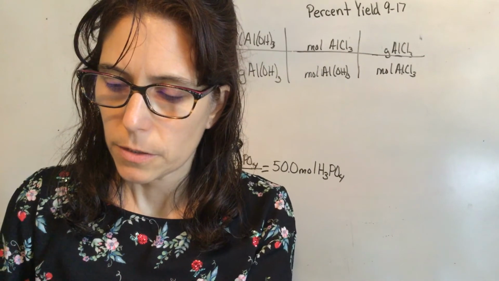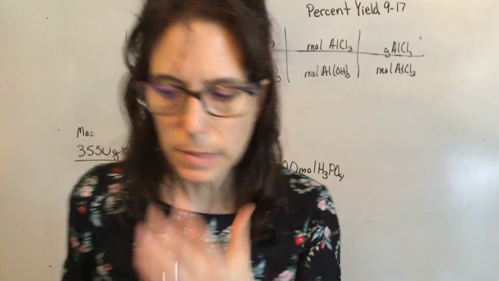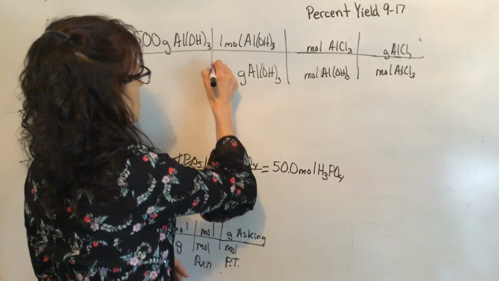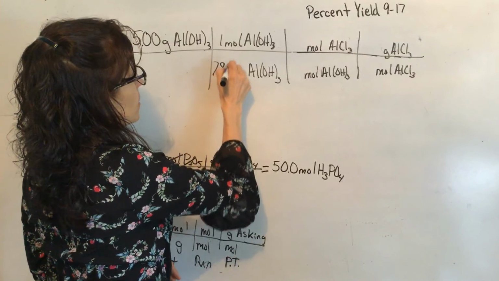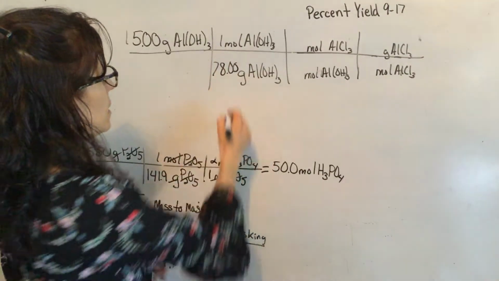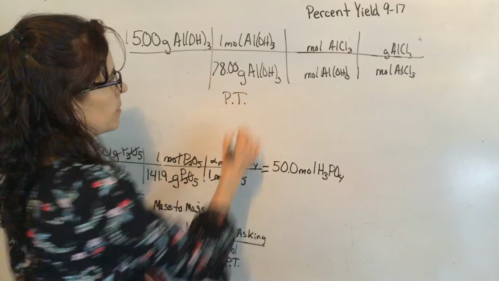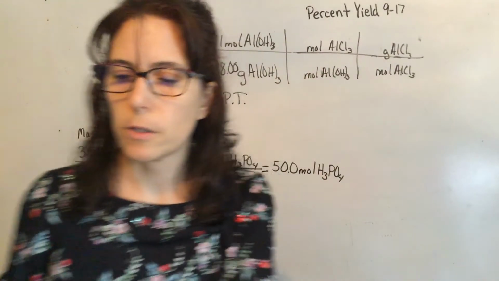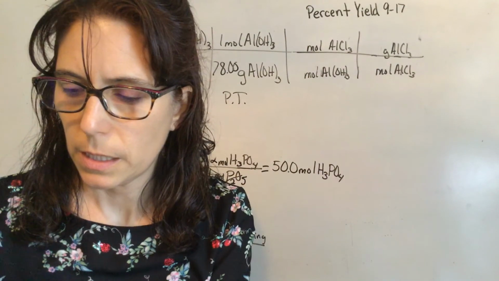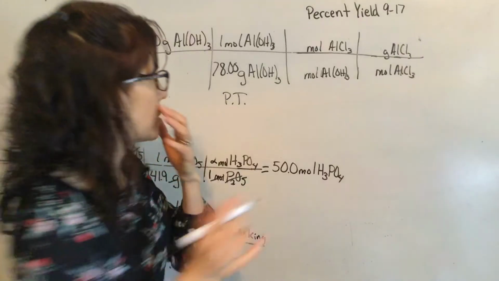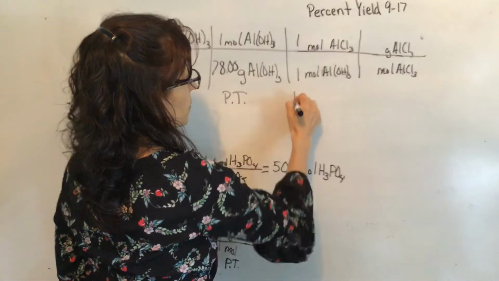All right, so the information's already given since this is an example problem. 78.00 is the molar mass. That's from the periodic table. Moles of aluminum hydroxide to moles of aluminum chloride is a 1-to-1 ratio. That's from the reaction.